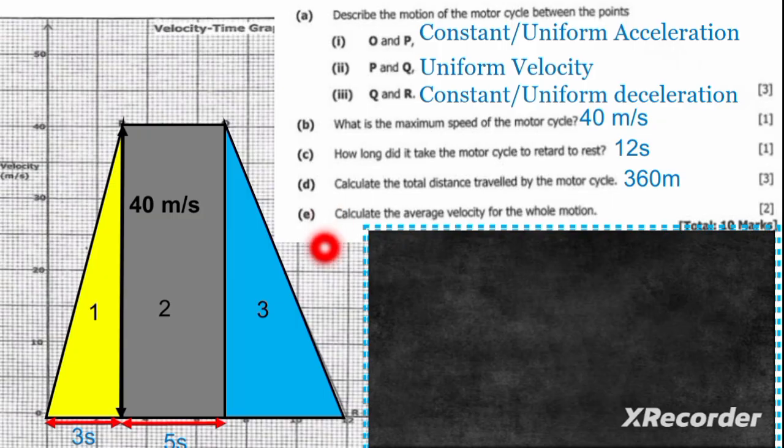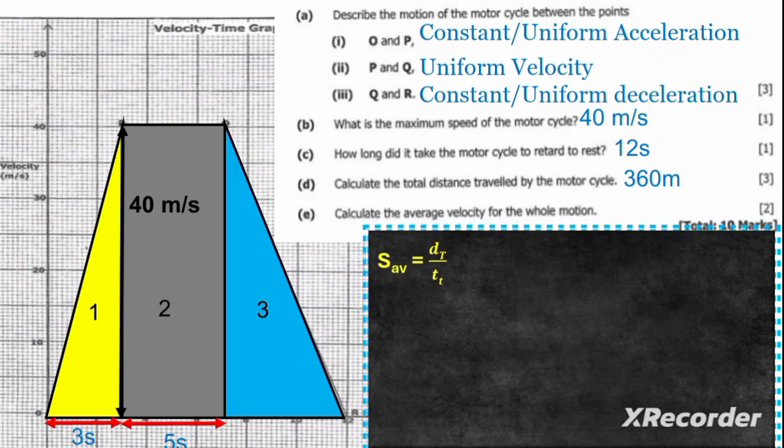Let us move to question E. Calculate the average velocity for the whole motion. Average velocity or average speed is equal to total distance divided by total time.